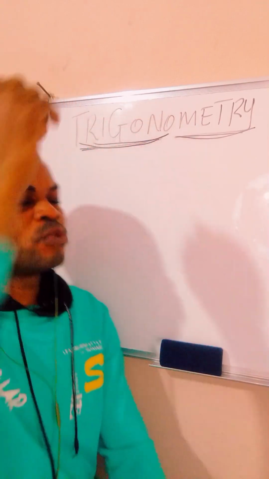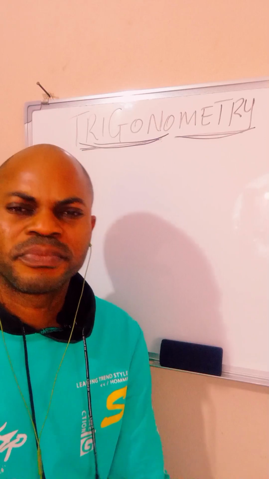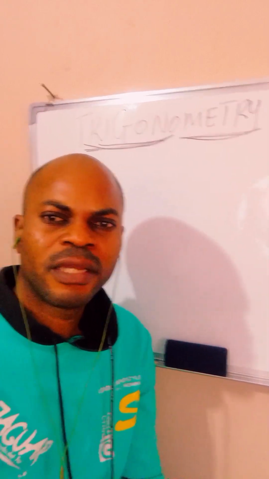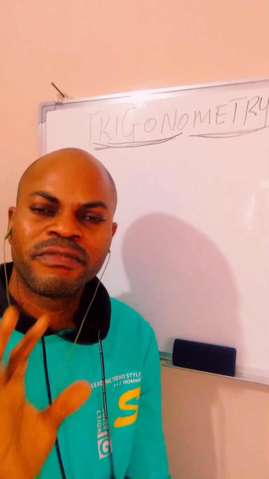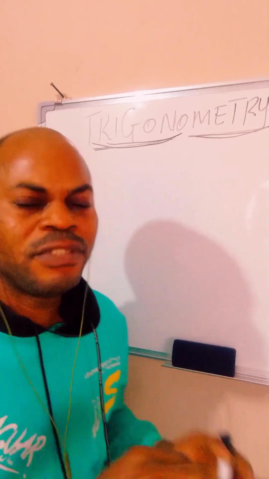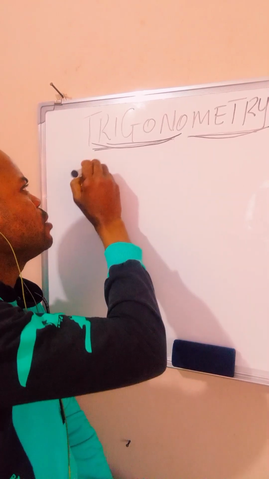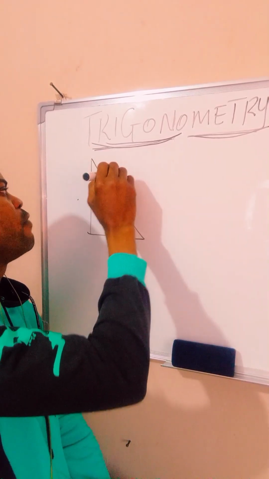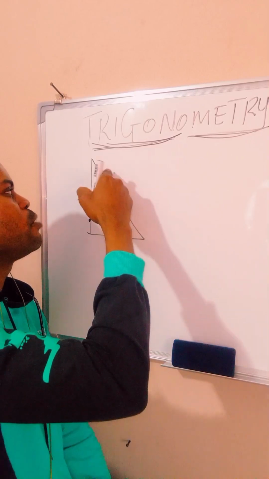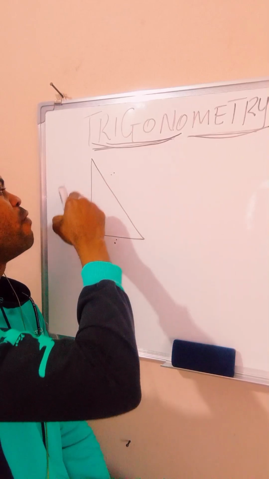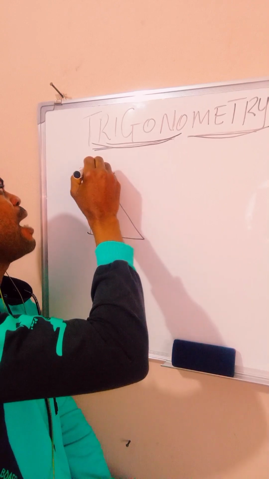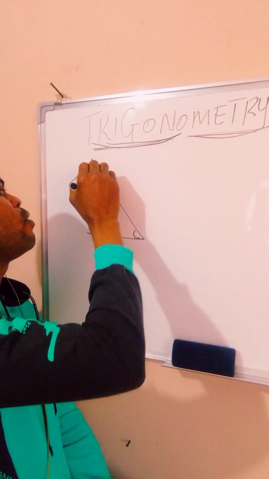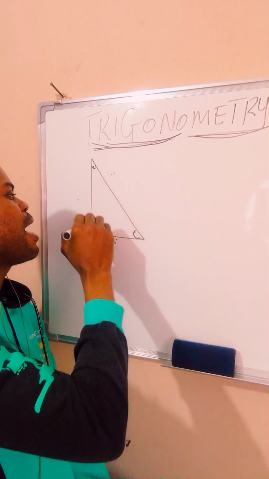But in a more broad definition in mathematics, we can say that trigonometry is a branch of mathematics that studies the relationship between the lengths of the sides of the triangle, the angles of these triangles, as well as the functions of each of these angles.